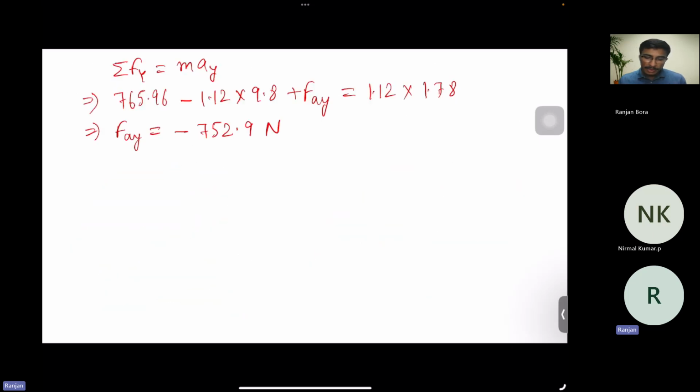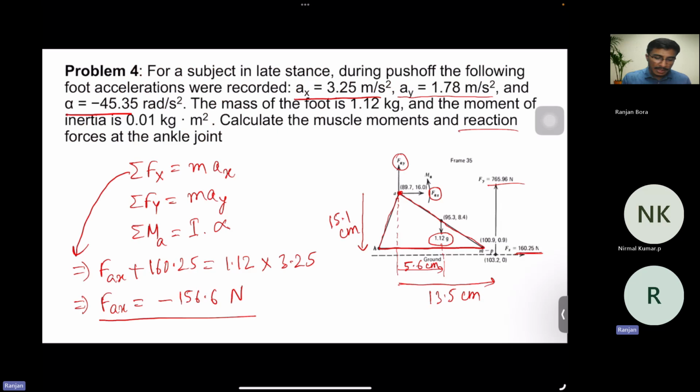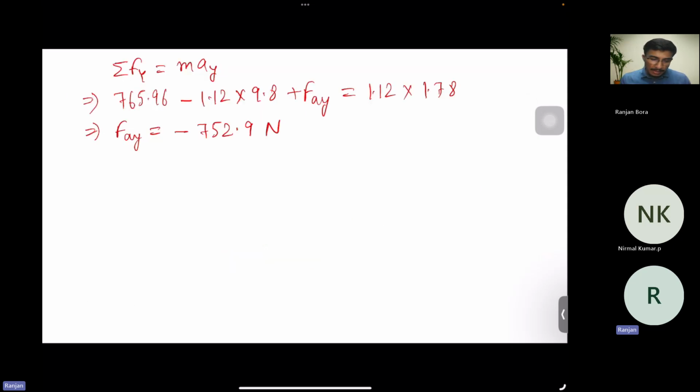So now we have found the joint reaction forces at the ankle joint. Now we'll find the muscle moment, MA. For calculating the muscle moment, we need to use this equation: summation of moment about the ankle joint is equal to I multiplied by the angular acceleration.